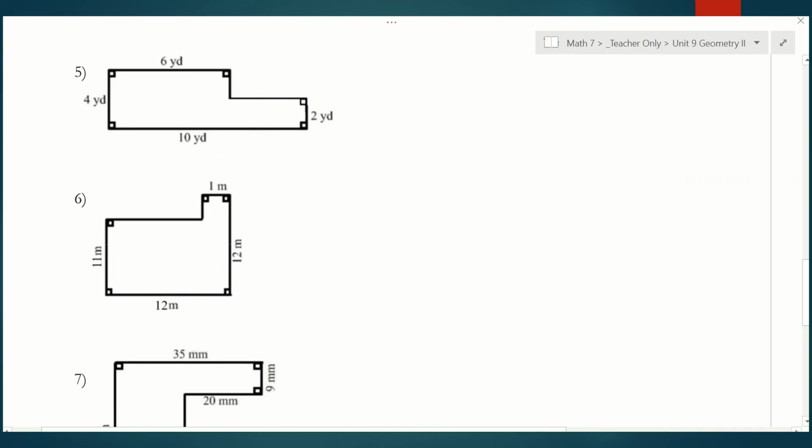All right, so if you've done those, I am going to show you how I completed them. So I decided to split my shape into 2 rectangles that look like that. And I was able to see that the length and width are 6 and 4. So I knew that that rectangle had an area of 24 square yards.